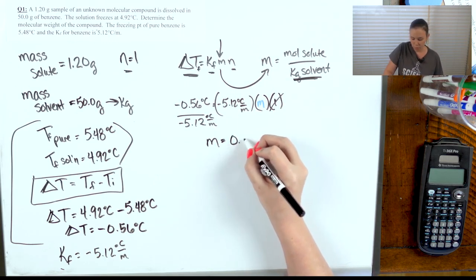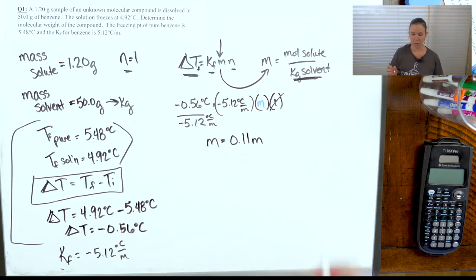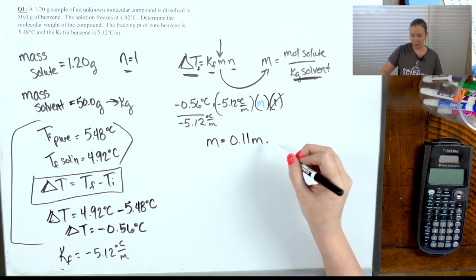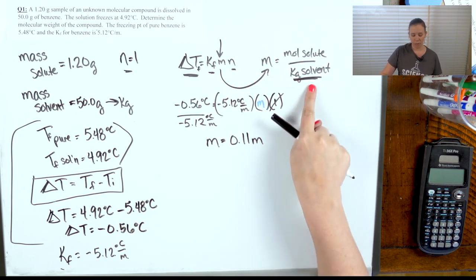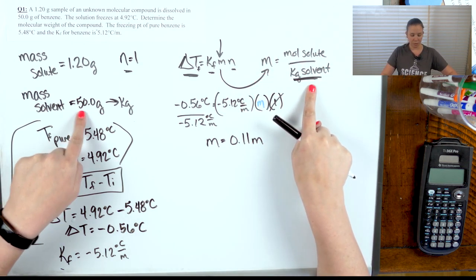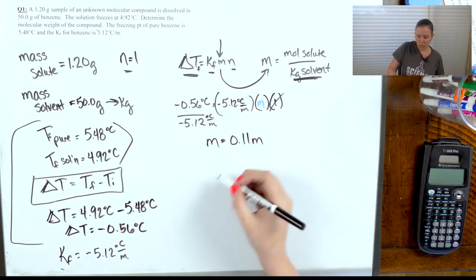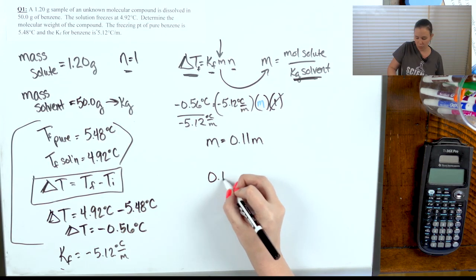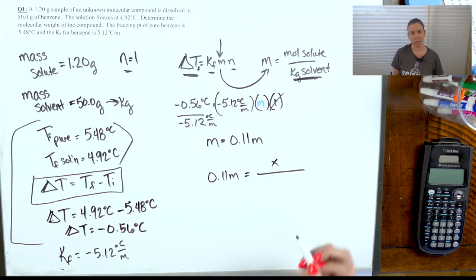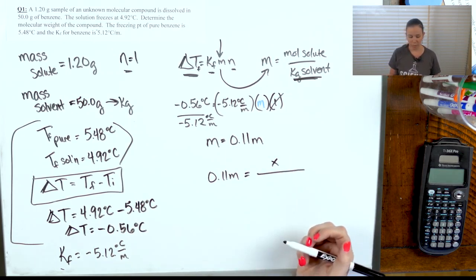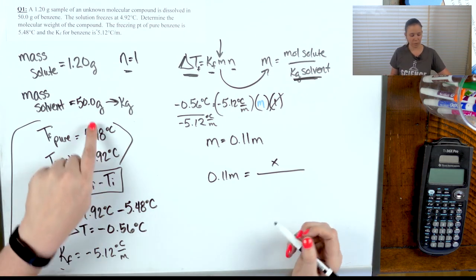You're going to get a molality of 0.11 molar. Now I can plug that in, like we said, in this equation. Plug in the molality and plug in my mass of solvent, but in kilograms. So first, the molality on the left is the 0.11. I don't know the moles of solute, so I'm going to be solving for that. On the bottom, I'm going to be solving for the kilograms of solvent.